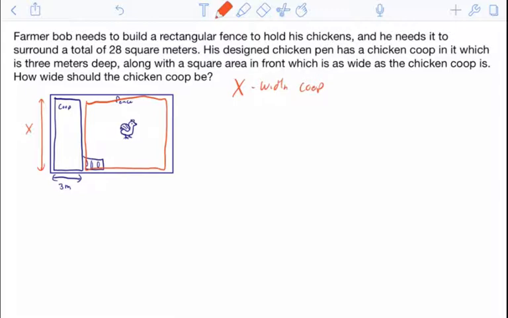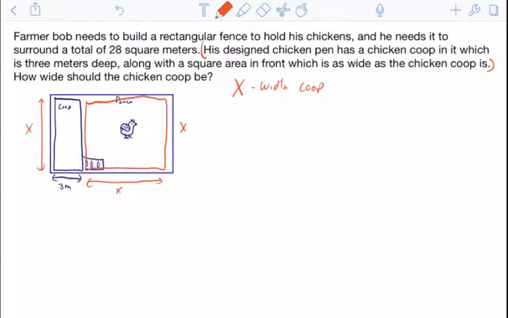It has to have the same height as the width of the chicken coop, and then this length here has to be the same value because it's a square. So those are the clues about the chicken pen.